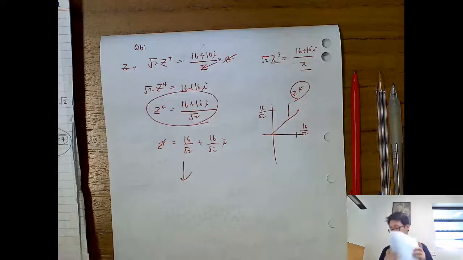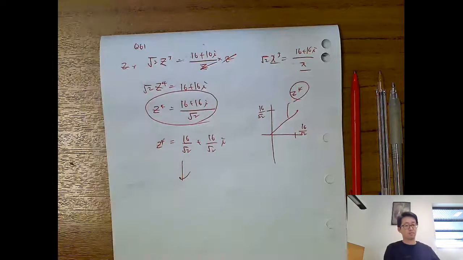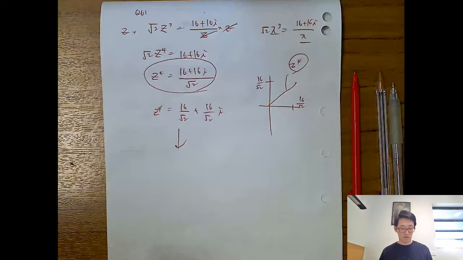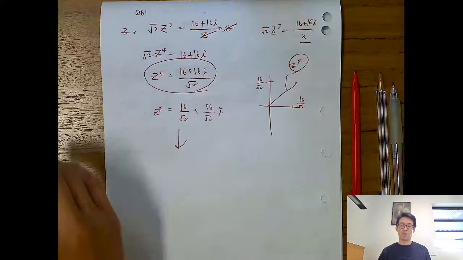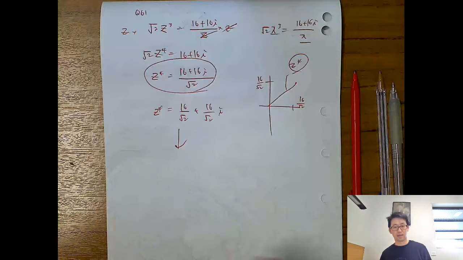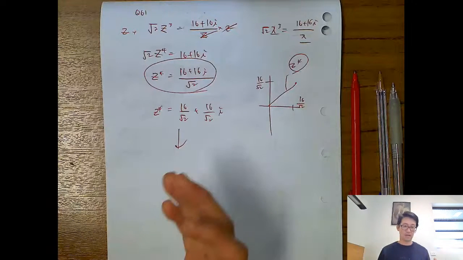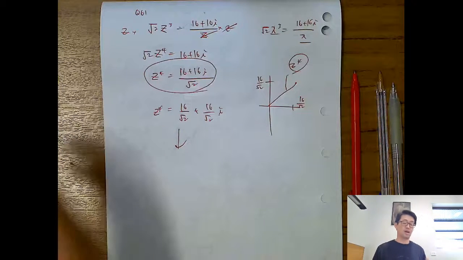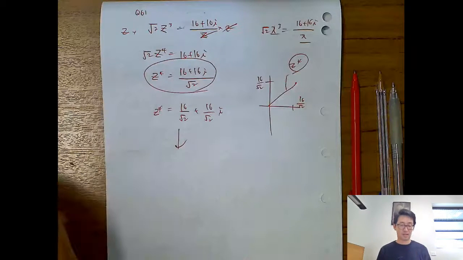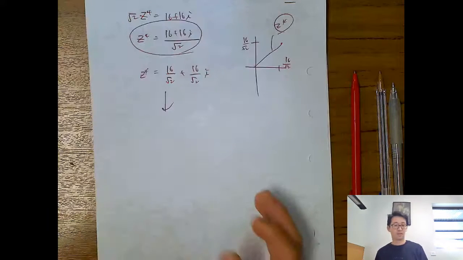The way is, draw a graph, it makes your life much easier, and you understand. The first thing, you get that polar form, and make sure you add 2 pi k. And then you're not getting z to the power 4 or 5, you're actually getting z. So you're going to z.